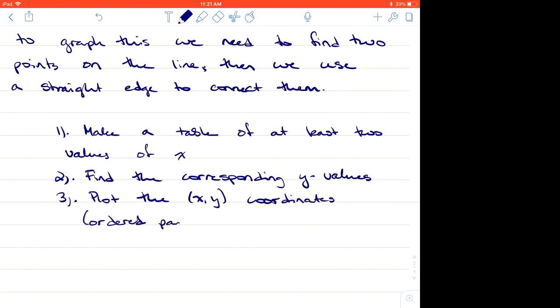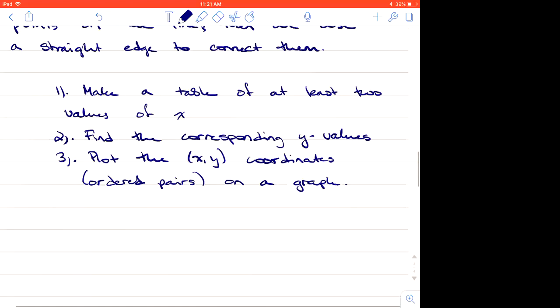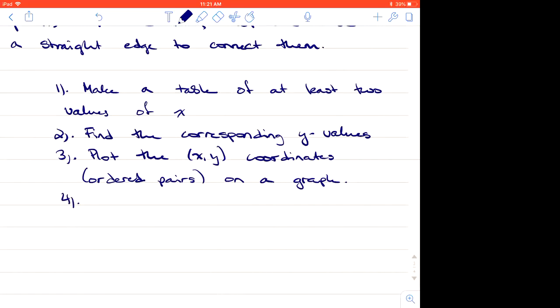If you're reading the textbook and you come across ordered pairs, they're the same thing on a graph. And then your last step is to connect the dots and extend the line. So connect the points and extend the line.